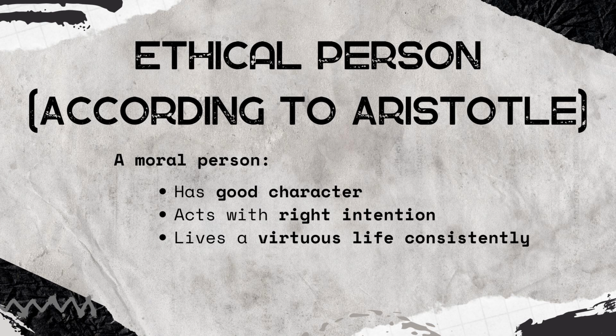And third, they consistently choose what is right, doing the right thing again and again, not just once. Being ethical means doing good becomes a habit and a natural choice, not something forced.